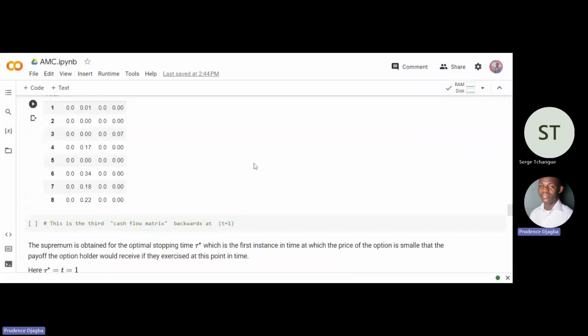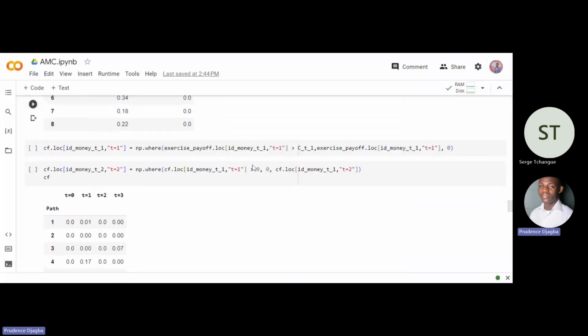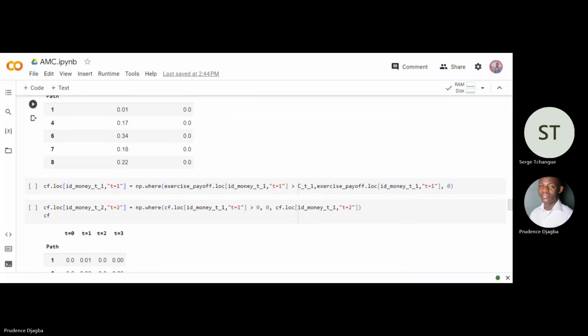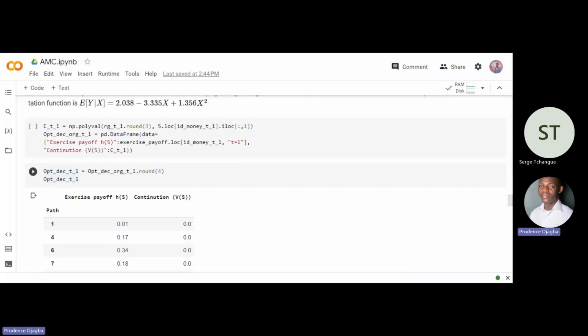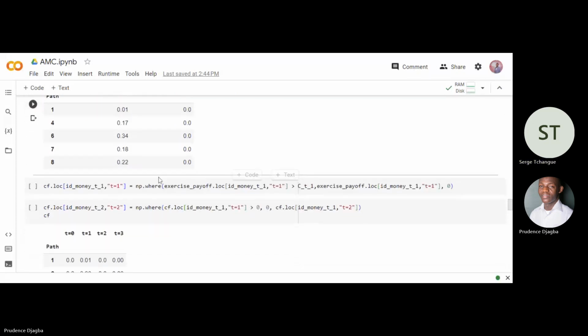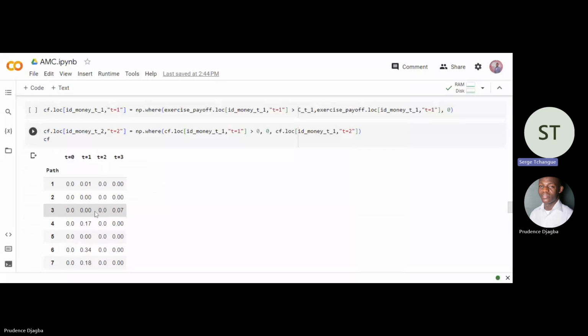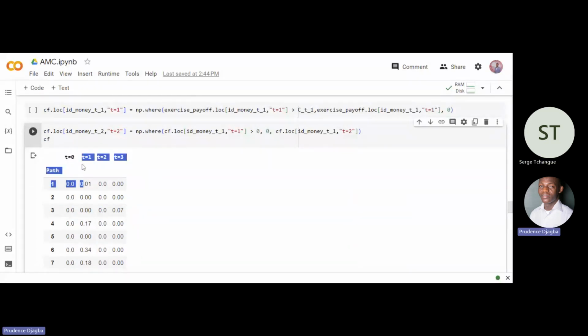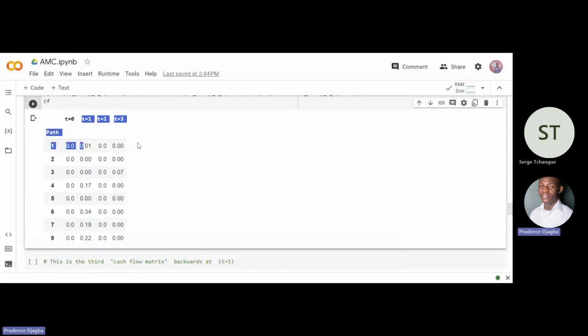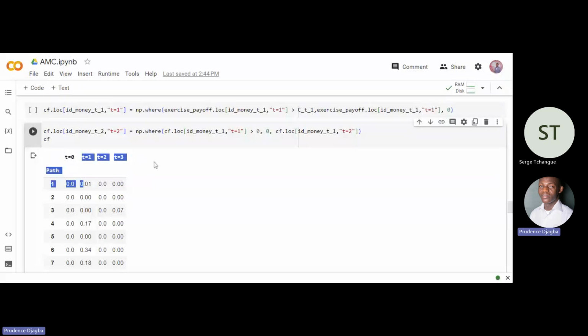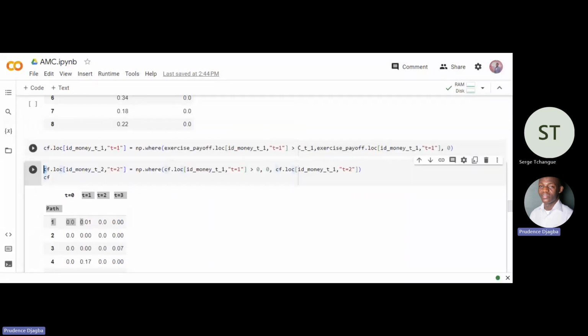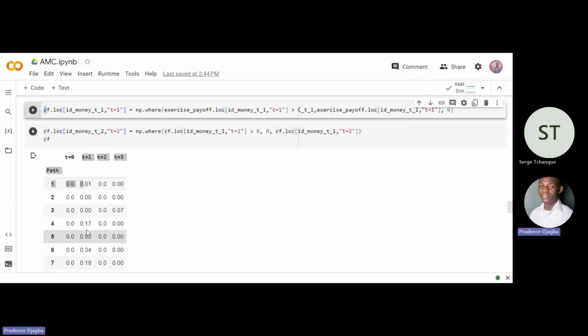What I was thinking is whether I can get those directly from the previous calculation, especially when I was simulating the cash flow from those values.